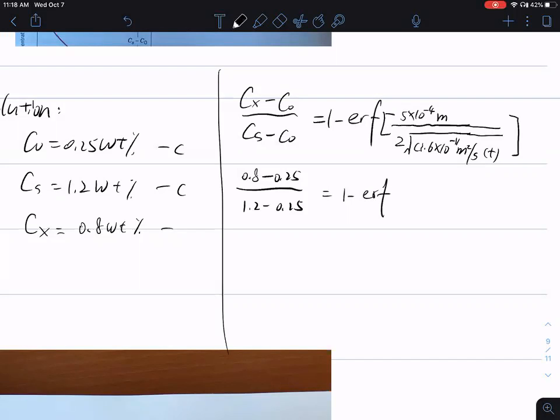Can you simplify the calculation inside of the error function? Inside of this error function, we should get 6t2.5 divided by square root t.